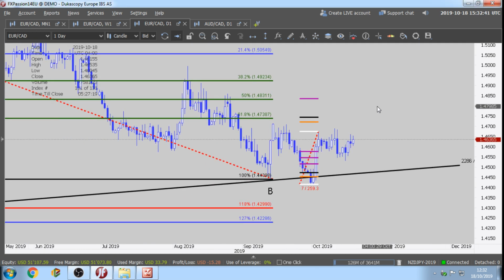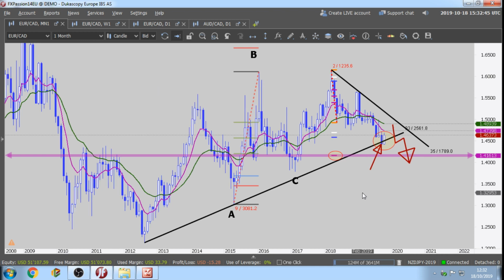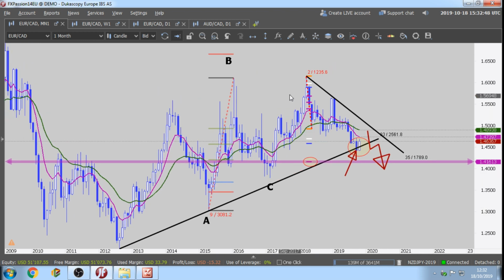Okay. So on the monthly chart we have an up Fibonacci, original one, and the down Fibonacci Contrarian.